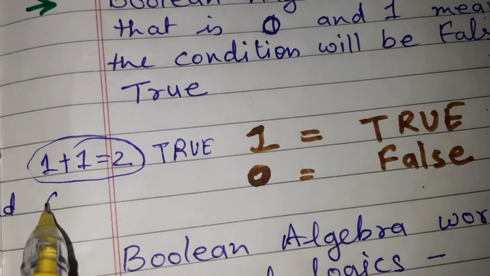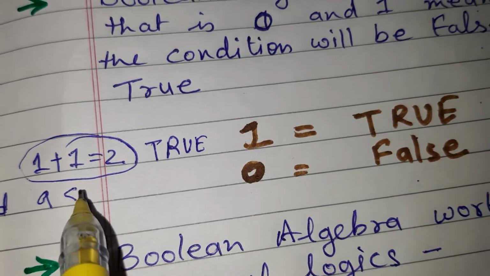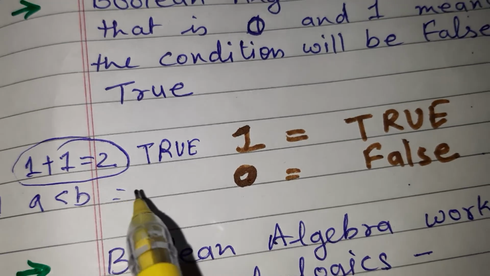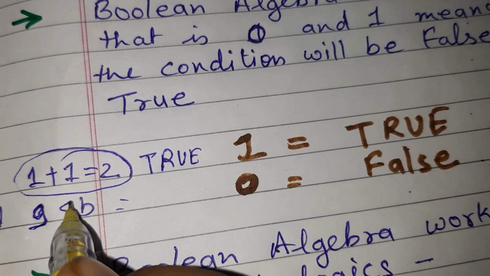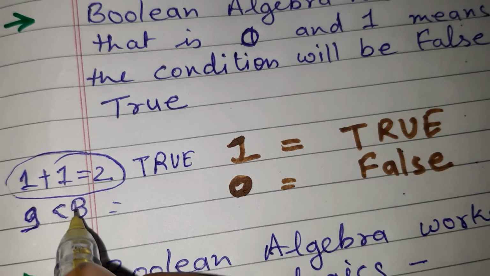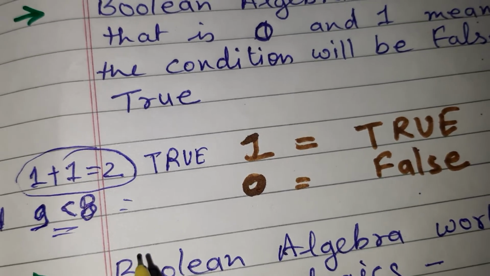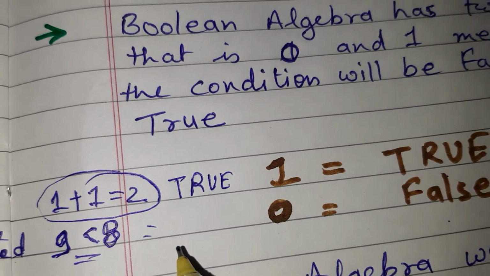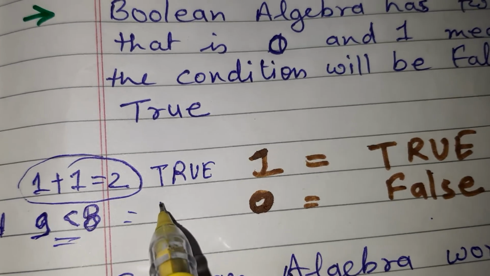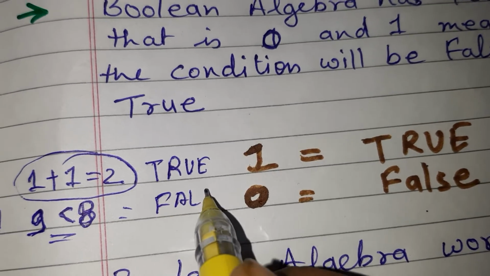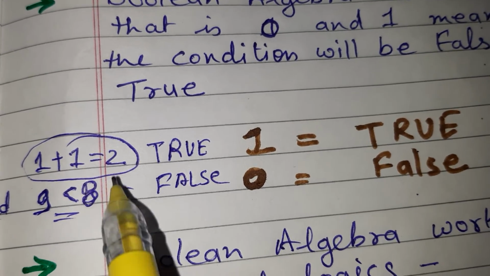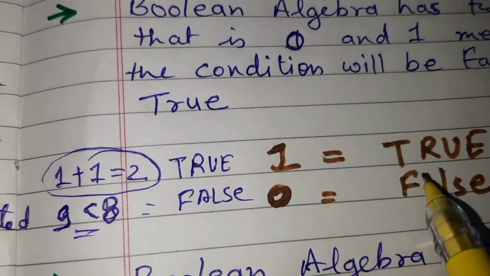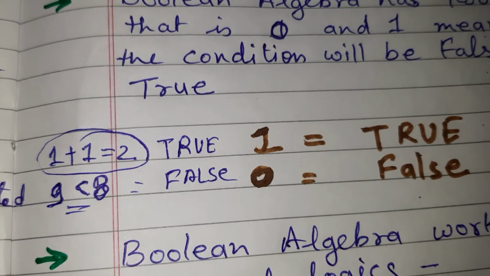A is greater than B, or we can say 9 is less than 8. This is a false condition. This logic is false, therefore it will be false. These are the simple logic uses in Boolean algebra.